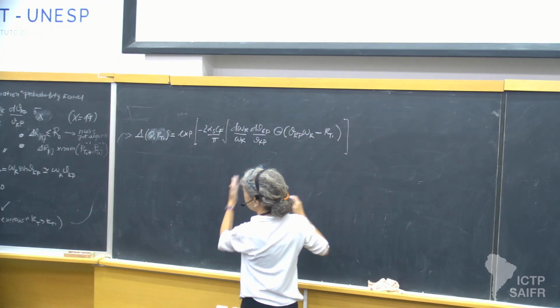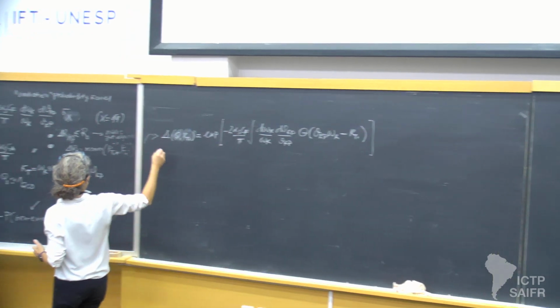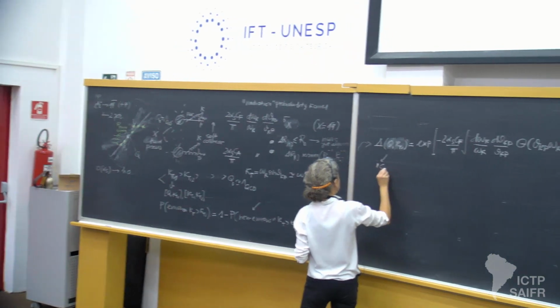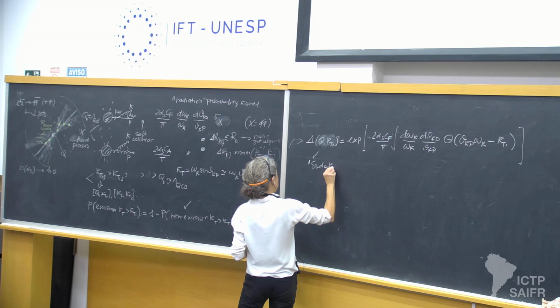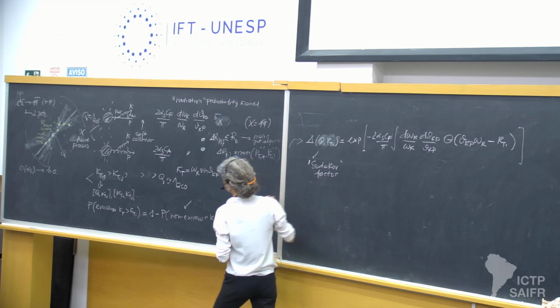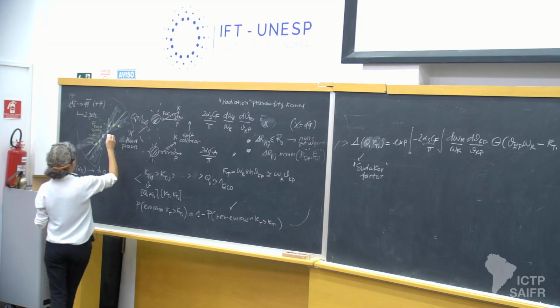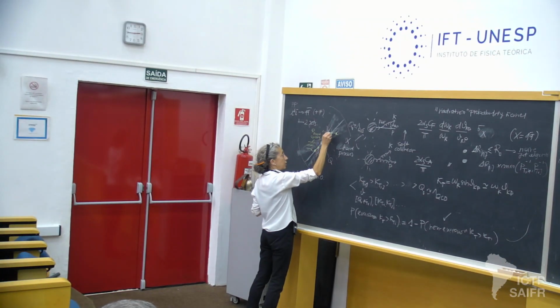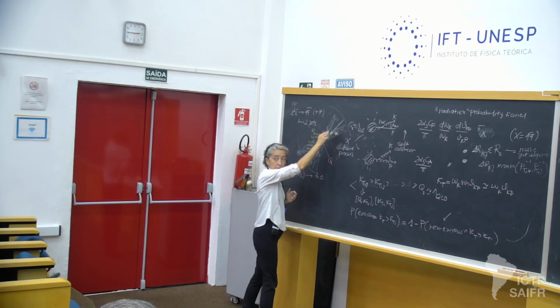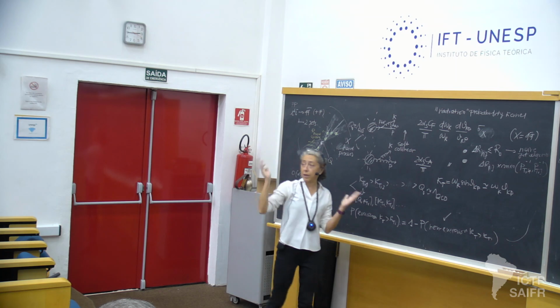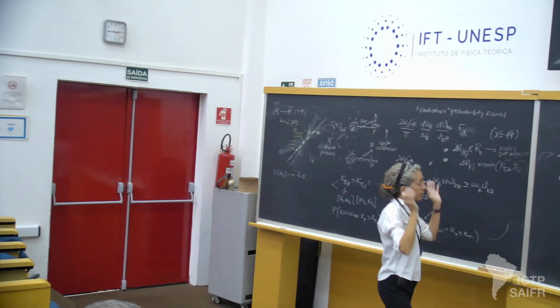Then you combine these with all the others. This factor that we call the Sudakov factor is the probability used in the Parton-Shower algorithm at each single little node that you see here. You combine them all in a Markov chain, Monte Carlo, et cetera.